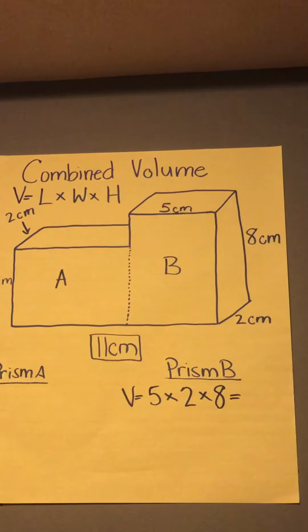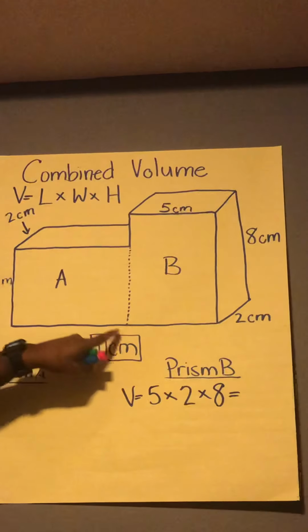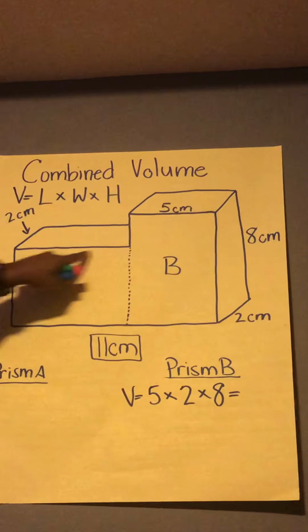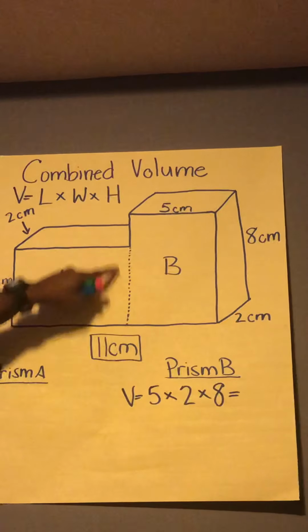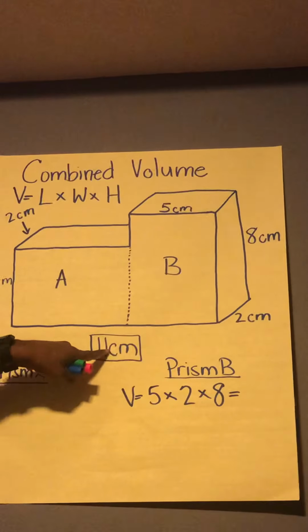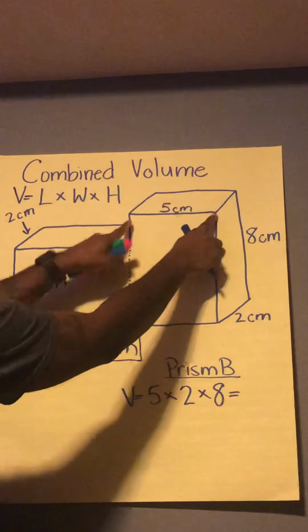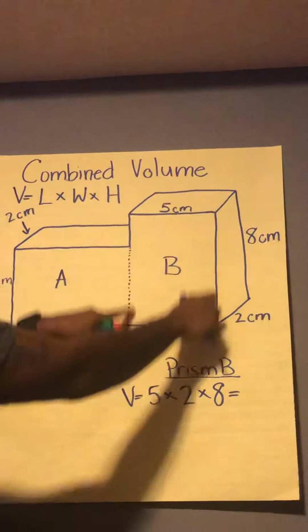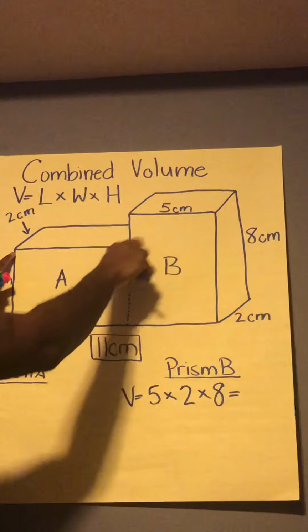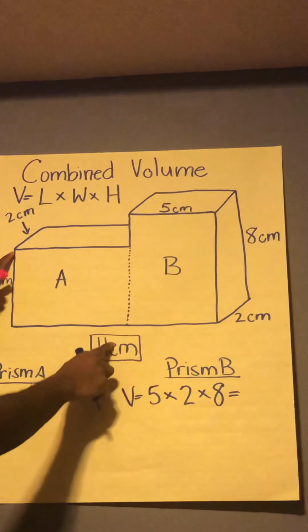Now, for here, it's going to be a little bit more difficult to figure out all 3 dimensions that I have for figure A, because only 2 of the dimensions are given. So I'm going to have to use some number sense to figure out what the length of this figure is going to be. That takes me back to what this original length of 11 centimeters was. I have to combine the length of Prism B to the length of Prism A, and when I add them together, I should get a value of 11 centimeters.